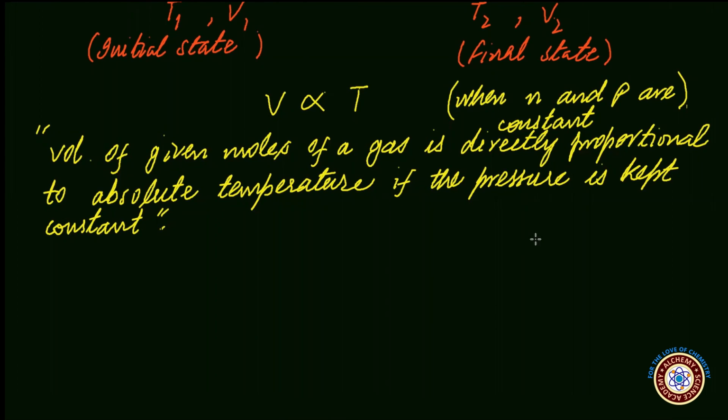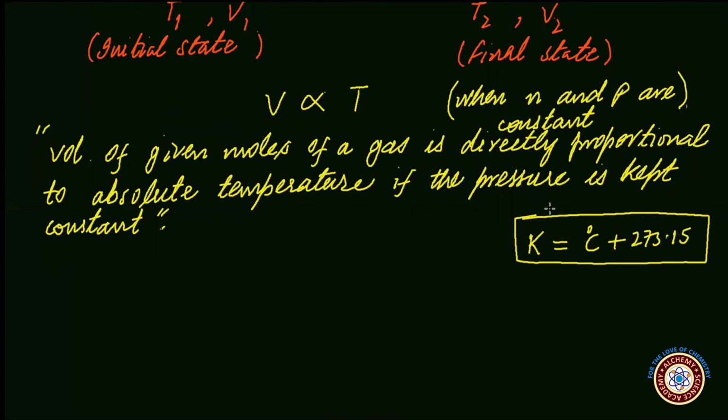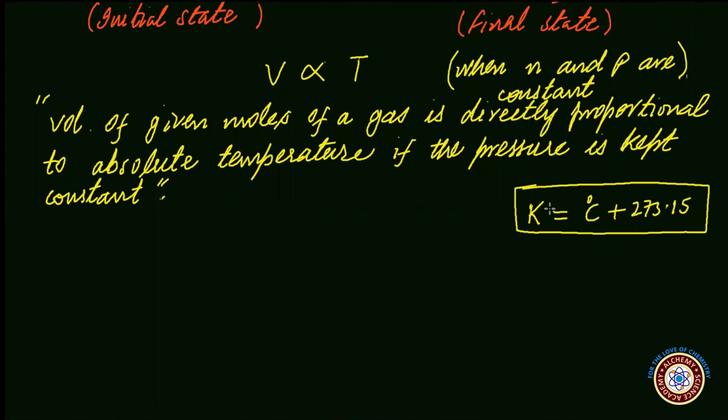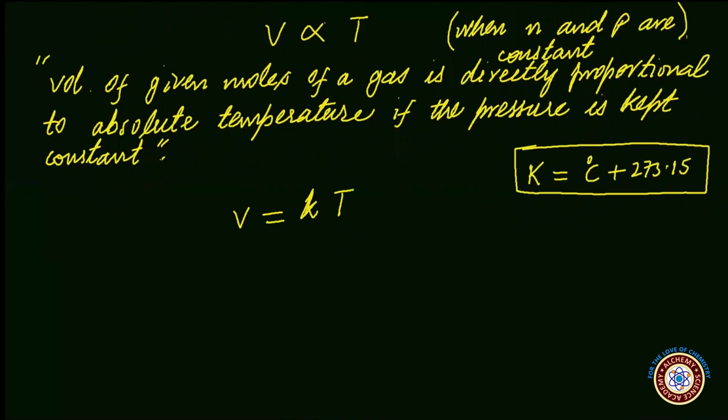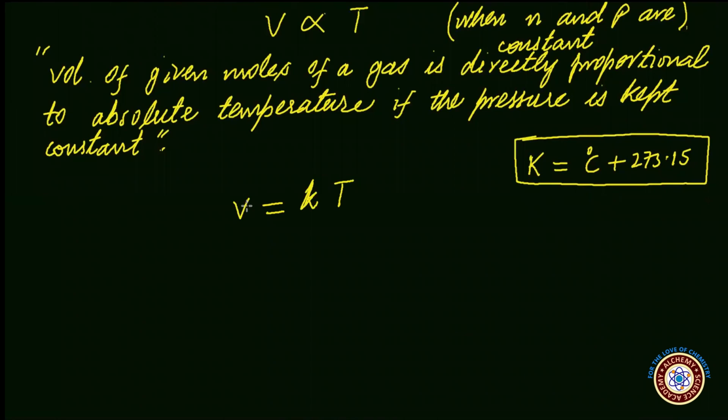Temperature in degrees centigrade can be converted into the Kelvin scale by adding 273, or to be more precise, by adding 273.15. Charles' law holds only when the temperature is in kelvins. Now from this relationship we can write that volume equals K times absolute temperature, where K is the proportionality constant, V is the volume of gas, and T is absolute temperature.